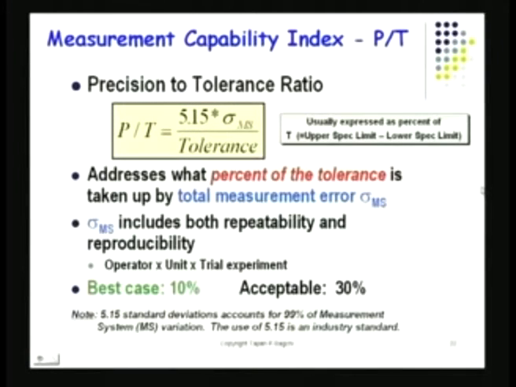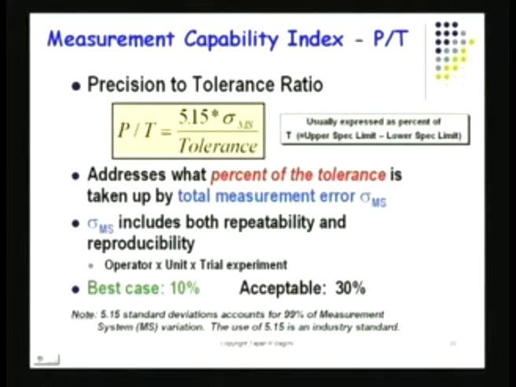Again, here is an idea of the industry accepted norm for the precision to tolerance ratio. Tolerance, as I told you earlier, is the difference between the upper and lower spec limits of the part that you are trying to measure.